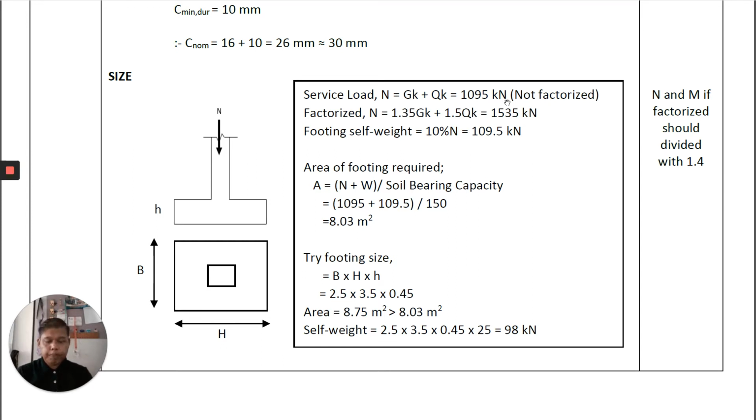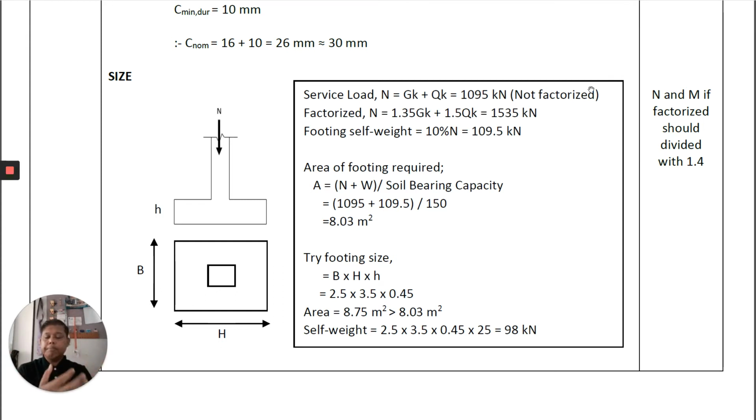Therefore, the area required is equal to the service load plus the self-weight of the footing divided by soil bearing capacity. Therefore, the answer is 8.03 meters squared. So, what if the value given is already factorized, and it does not separate between the permanent action and variable action?